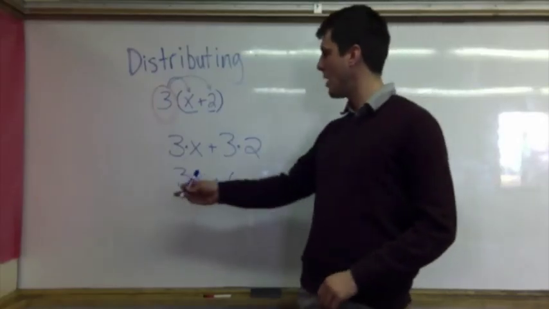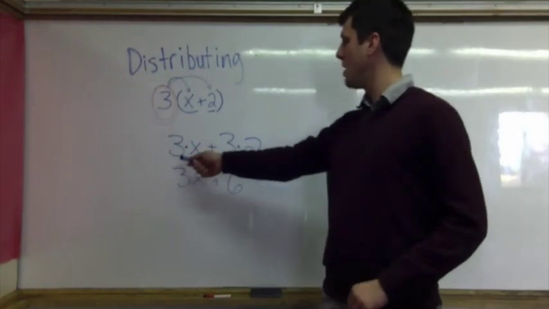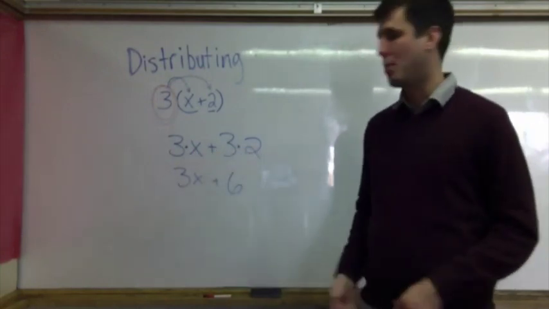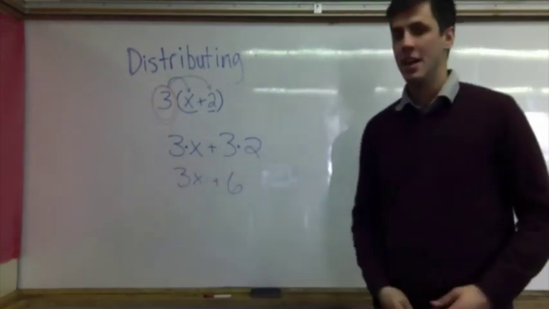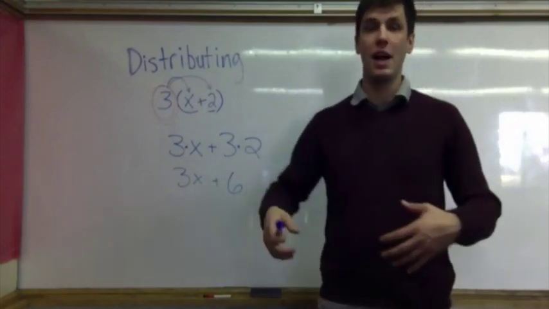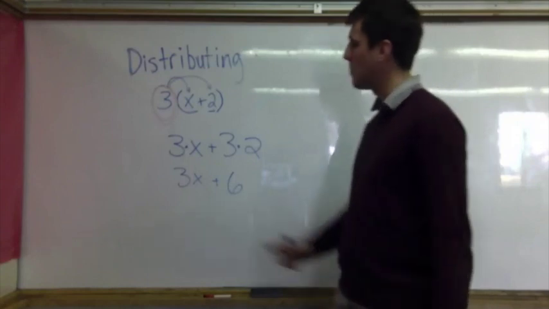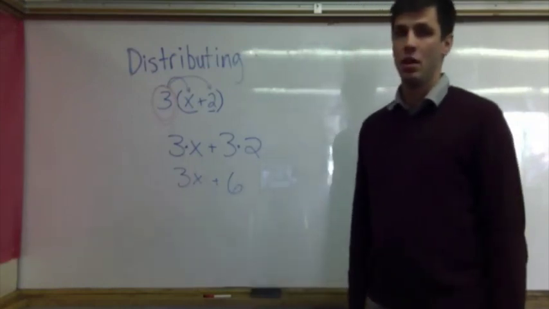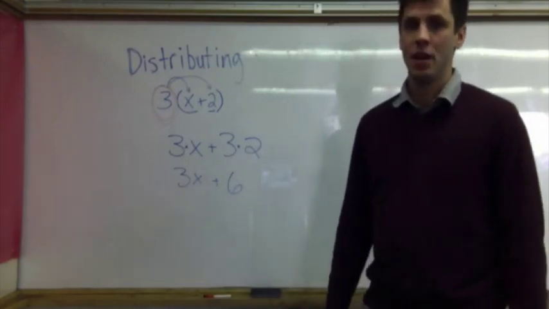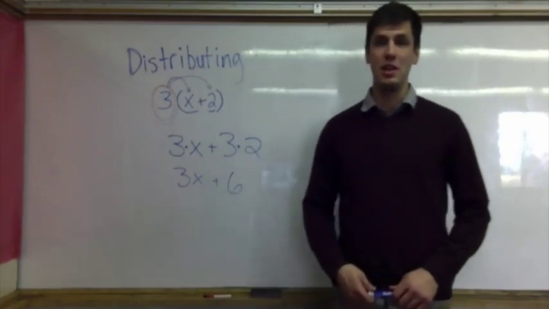Now that you have distributed and multiplied the terms that can be multiplied, you're left with this. And to simplify it further, you need to go back to the previous lesson about combining like terms and say, can we combine any terms here? No, you cannot. You have successfully distributed.